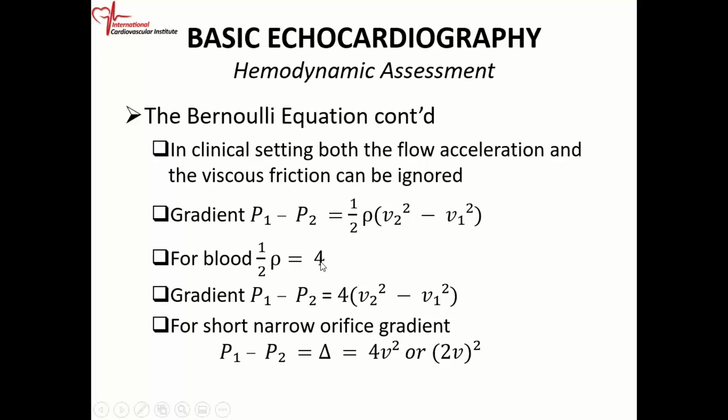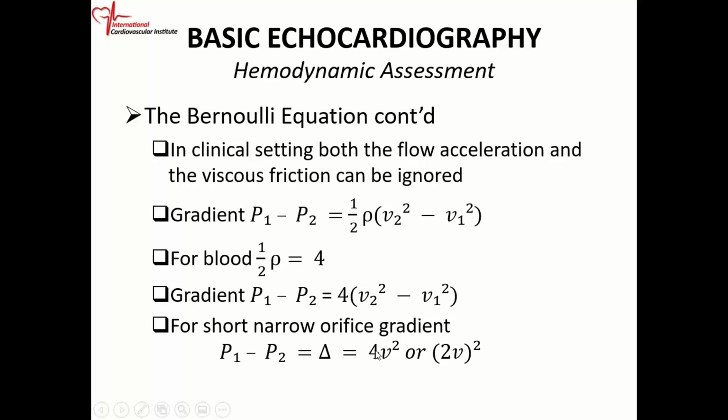So the formula can be condensed into pressure gradient, the pressure difference between point 1 and point 2, and we use this symbol for gradient, equal to 4v squared.